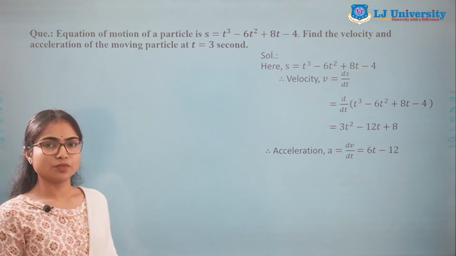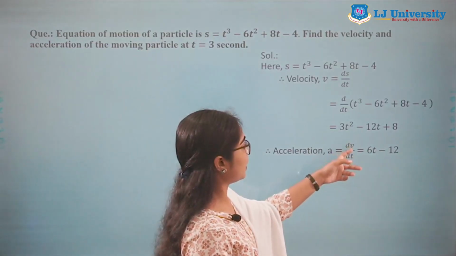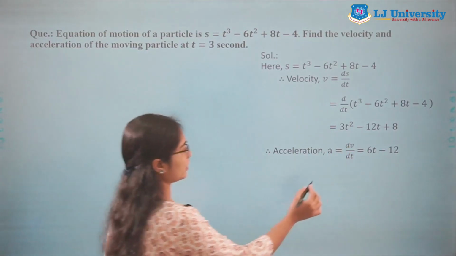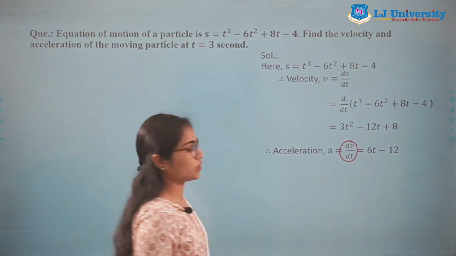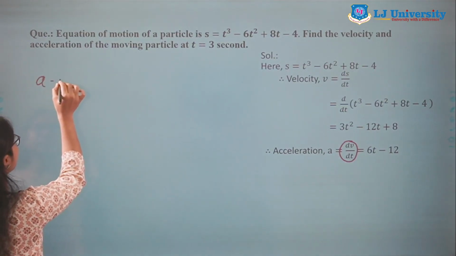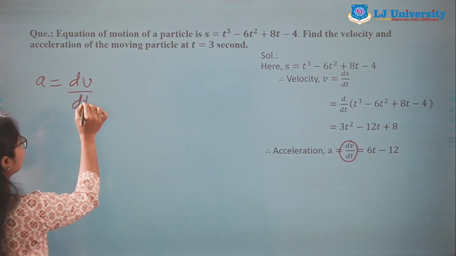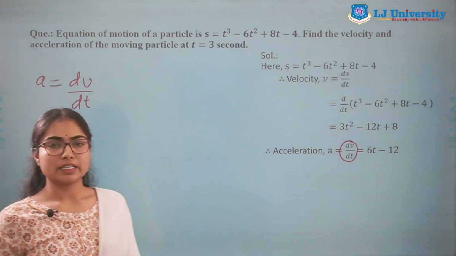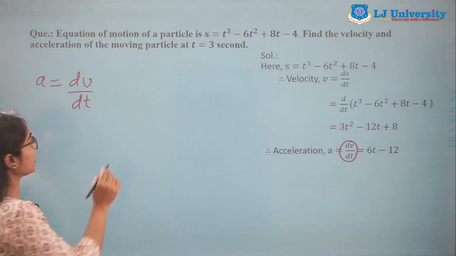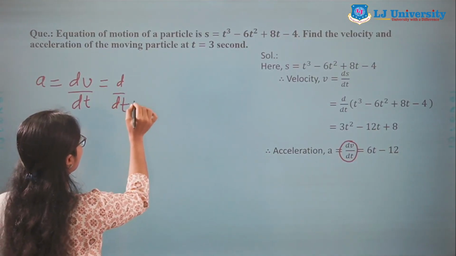Now let's do the acceleration. We know that acceleration is nothing but the rate of change in velocity, that is the derivative of velocity with respect to time t. So we know that acceleration is dv upon dt. So to calculate acceleration, we have to find the derivative of v with respect to time t, that is d by dt of v.